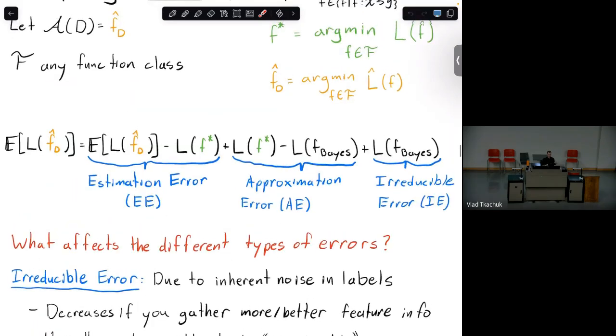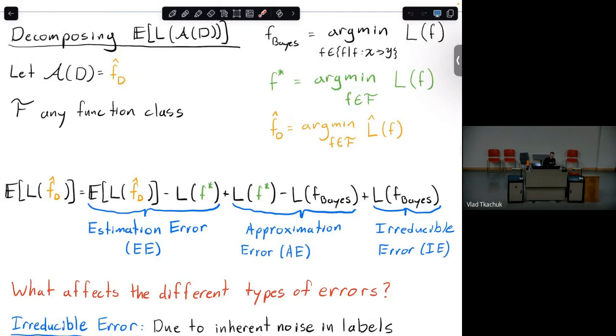So we had this decomposition of the error, and it looked like this. This is the thing we care about, which is the expected value of the expected loss of our predictor across different data sets. Then we do a trick that's very common in theoretical applied math: you add and subtract terms.